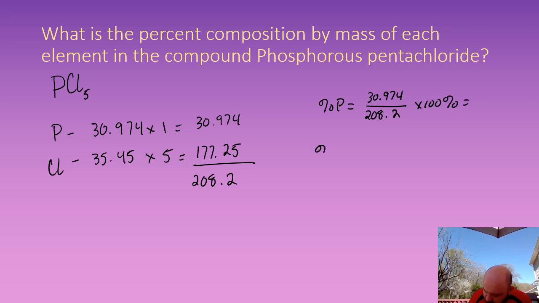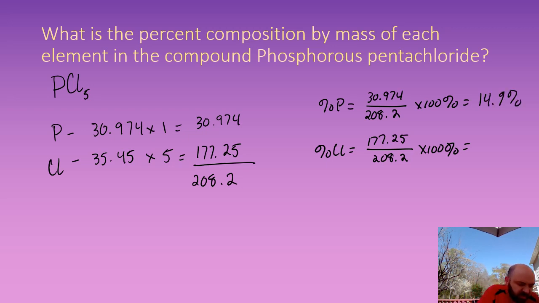And for chlorine, it will be 177.25 divided by 208.2 times 100%. For phosphorus, that gives us a result of 14.9%. And for chlorine, that gives us a result of 85.1%.